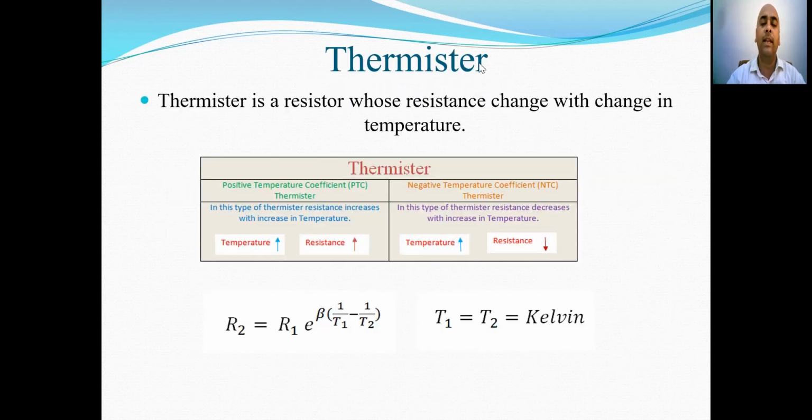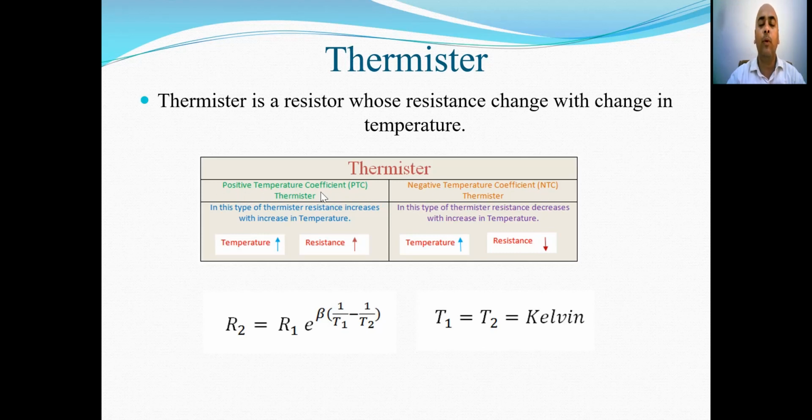So next resistor is thermistor. Thermistor is a resistor whose resistance changes with change in temperature. Thermistors may be classified as positive temperature coefficient or negative temperature coefficient thermistors.